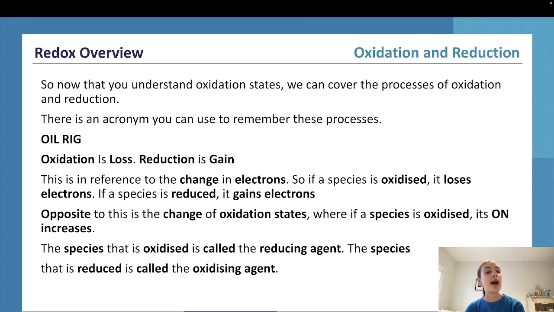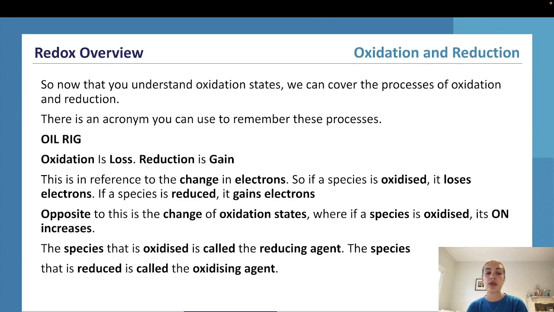So there's quite a useful acronym which people use and you can use to remember these processes of oxidation and reduction. And this acronym is called OIL-RIG. And so we say that oxidation is loss, reduction is gain.